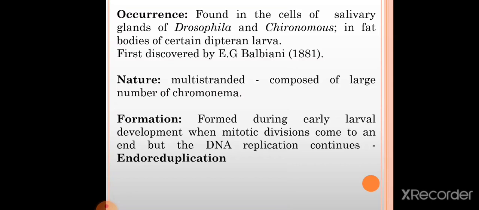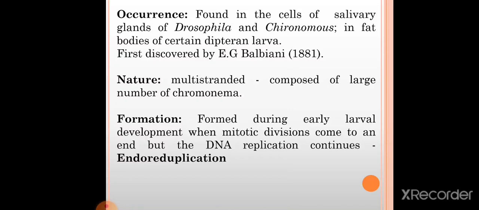Now these giant chromosomes present a bundle of fibrils which arise by repeated cycles of endoreduplication of single chromatids. Here endoreduplication means that the chromatin replicates without cell division, as a result of which the number of chromonemata keeps on increasing.